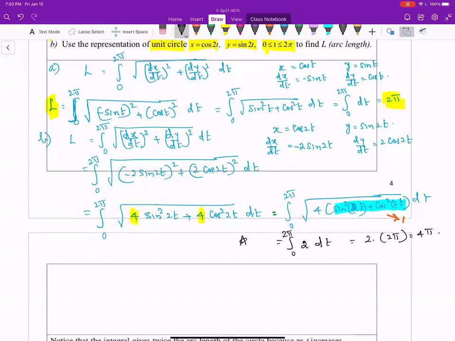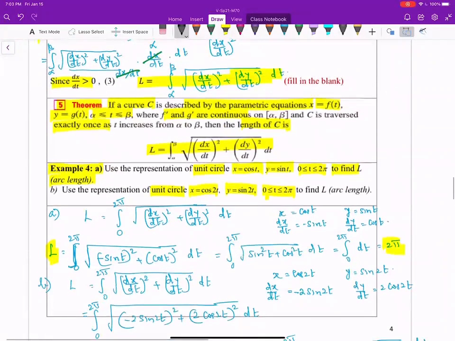So the length of the curve in this case equals 4 pi. You might understand why it comes out to be 4 pi: in this interval 0 to 2 pi, x equals cosine 2t, y equals sine 2t is traversed twice.